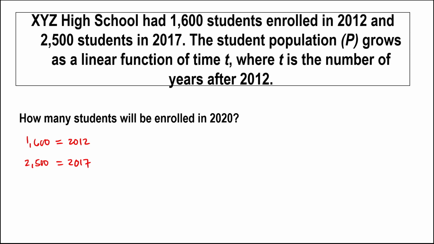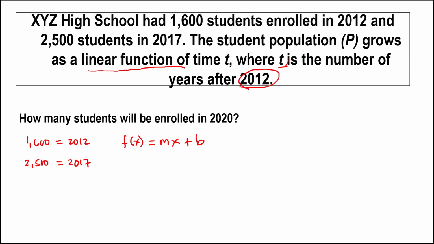So the students' population grows as a linear function. Since it is a linear function, we're going to use the point slope formula. So we have f of x equals the slope times x plus b, where t is the number of years after 2012.